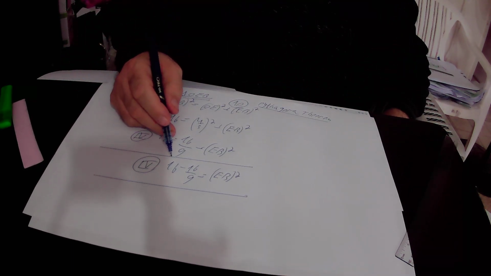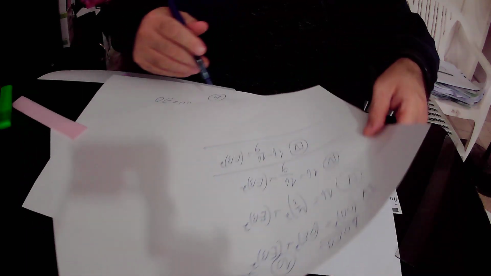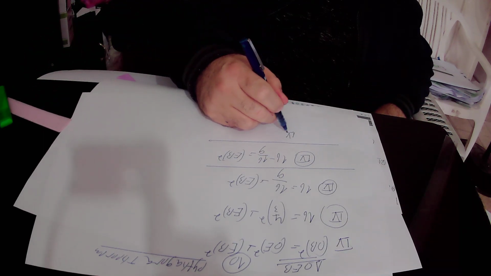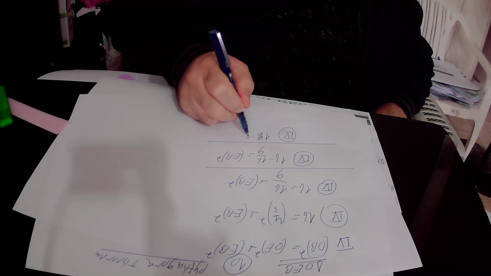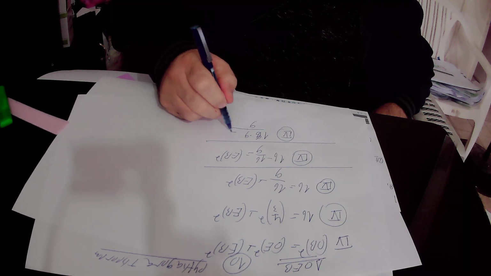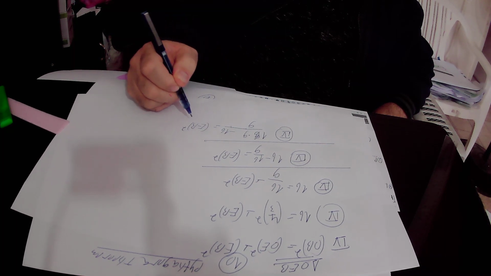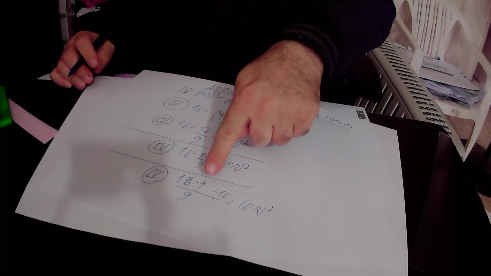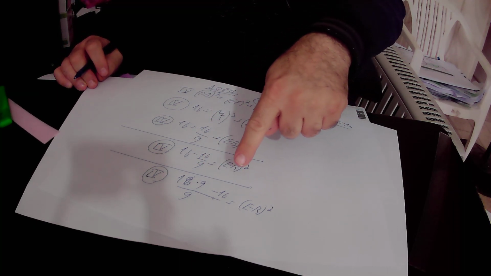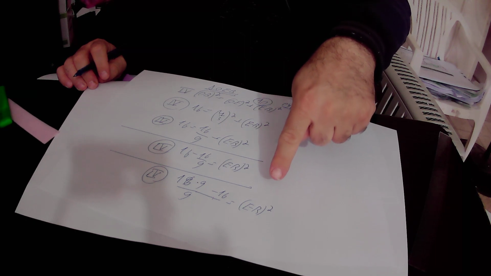Here we will multiply 16 by 9 and then divide it by 9 in order to have a common denominator with this 16 over 9, and we will get that 16 times 9 over 9 minus 16 over 9 equals EB square.